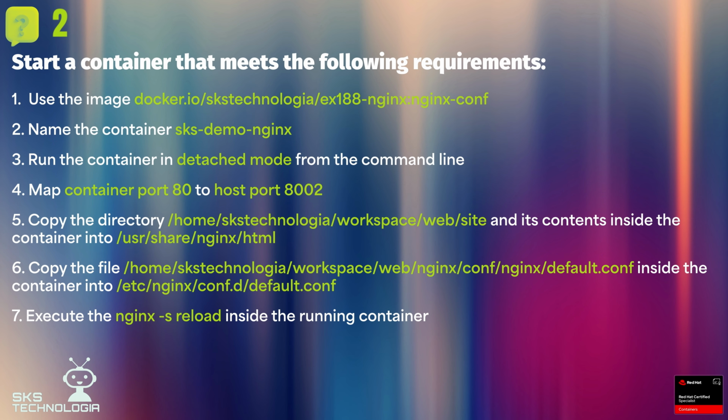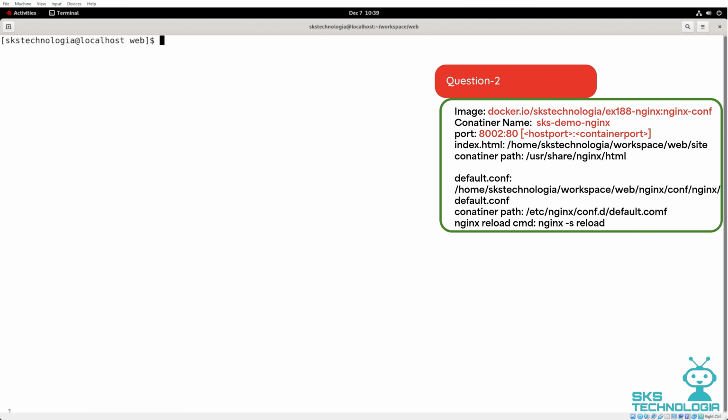Let's solve this in our workstation terminal. I have opened a terminal in my workstation. We'll start the container using the podman run command. We are passing the -d flag for detached mode. We'll pass the name of the container as sks-demo-nginx. We'll pass the -p flag for port mapping from our workstation port 8002 to container port 80.